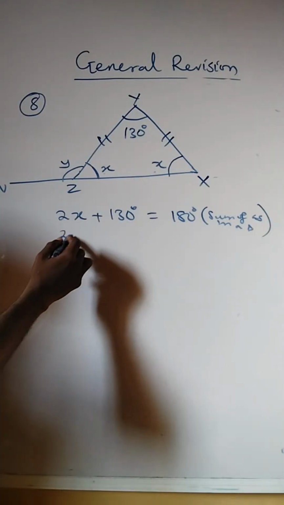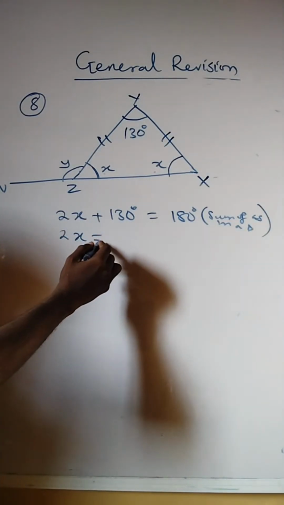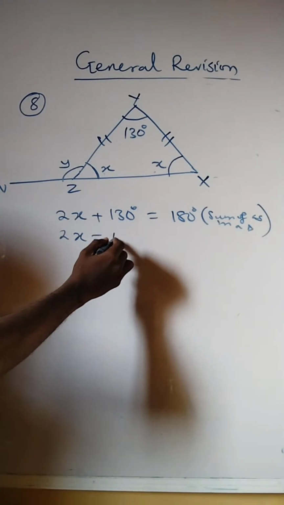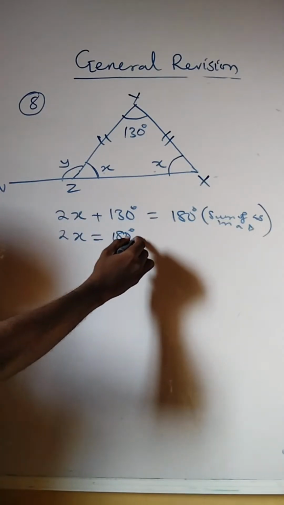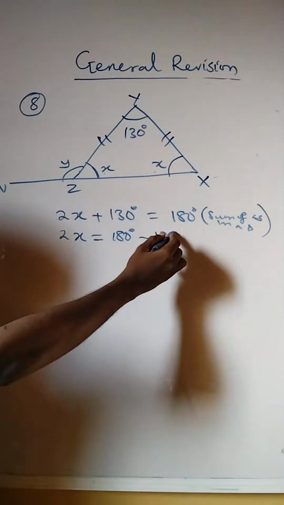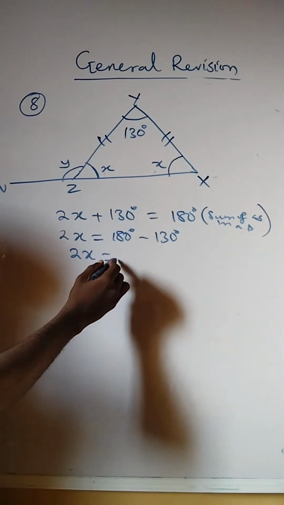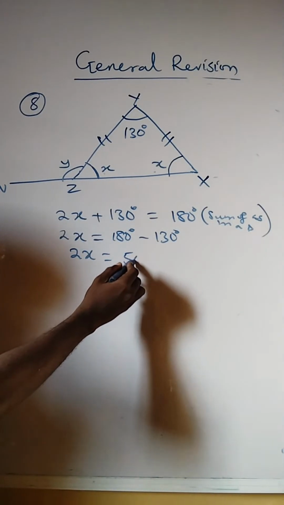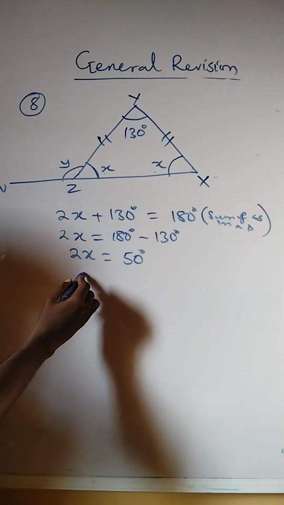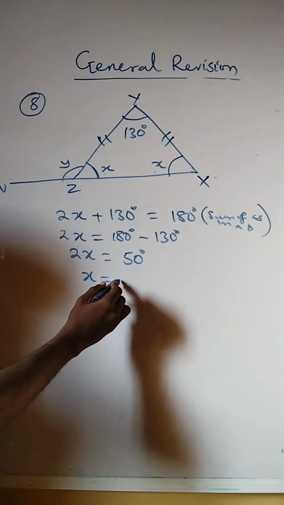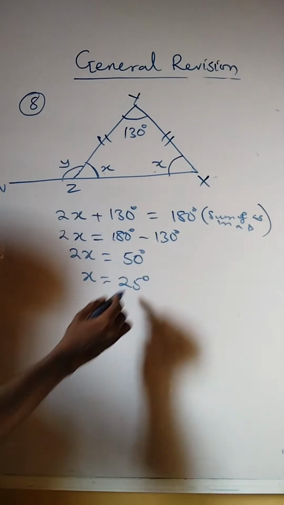So that we have 2x equals 180 degrees minus 130 degrees. When plus comes here, it becomes minus. So we have 2x equals 50 degrees. Divide both sides by 2, x equals 25 degrees.